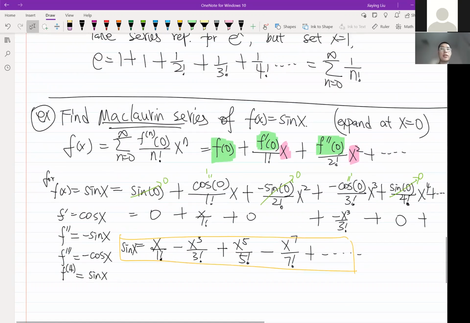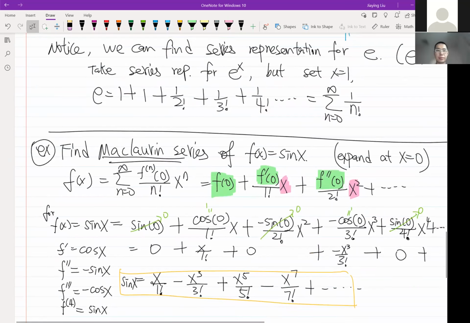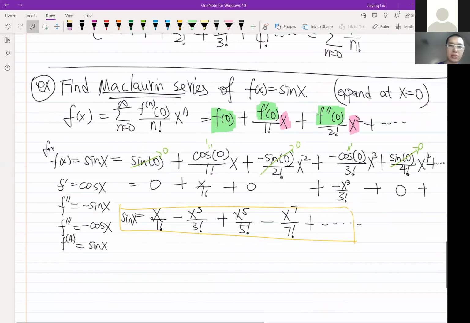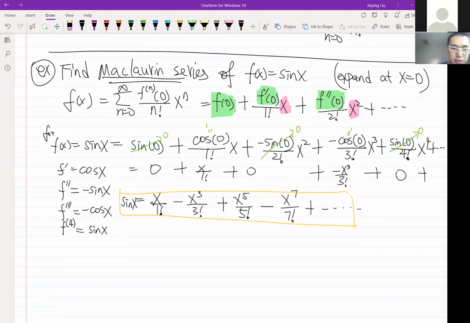So that's sine. And we can also find the Maclaurin series of cosine x. I'm not going to do it step by step, but you can also look it up on the internet.